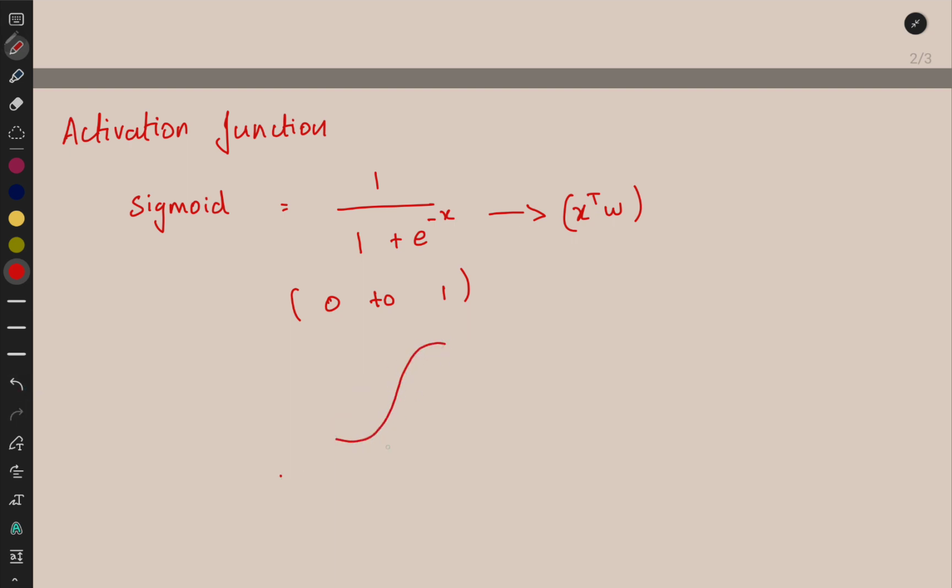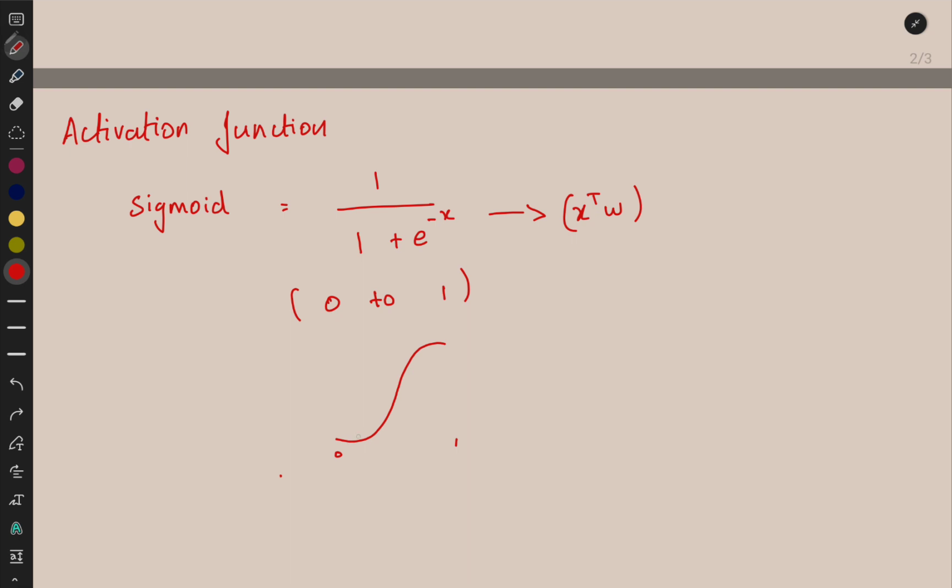It will be between 0 and 1. After applying the sigmoid activation function, you'll get a curve like this.